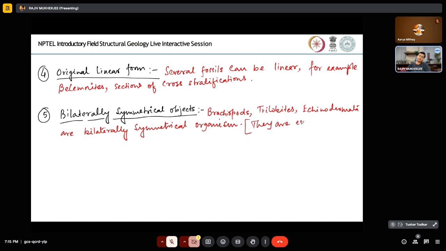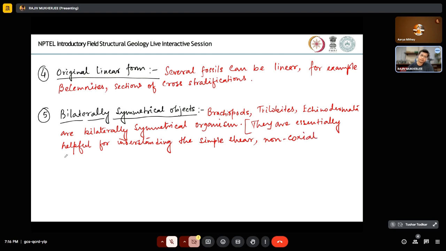They are essentially helpful for understanding the simple shear component of deformation, or we can say non-coaxial component of deformation.